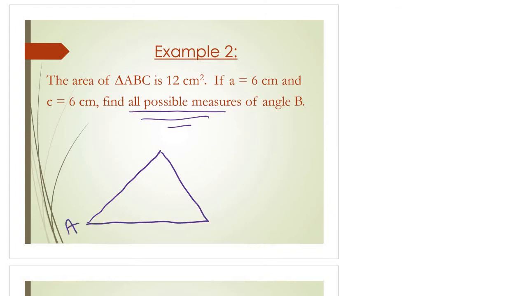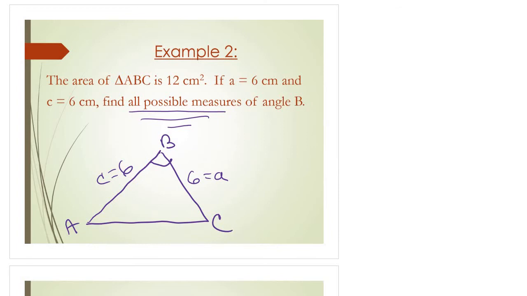And usually I just call this A, B, C. It doesn't matter which order you write them, just as long as the side that matches it is across from the angle. So like side B is across from angle B. So A is 6, C is 6, and we want B. So at least we're finding the angle in between the two sides we're given.